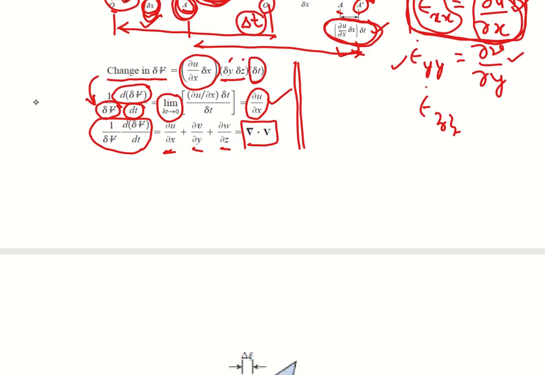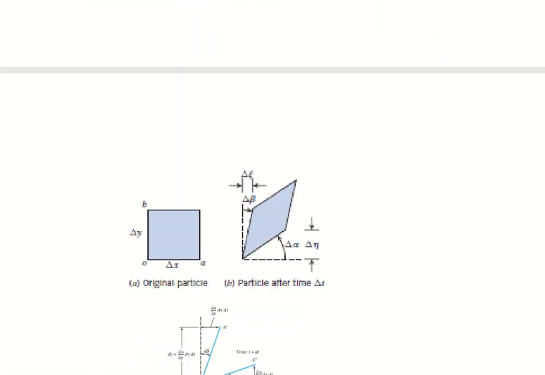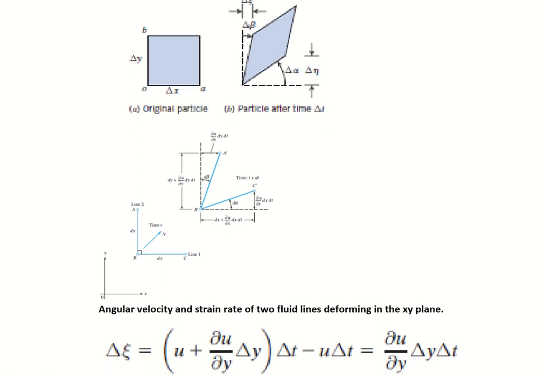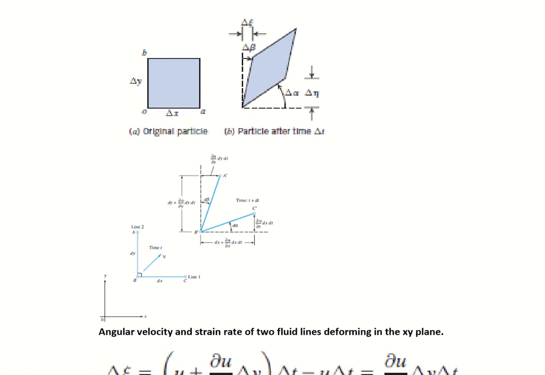Right. Now we shall discuss the next point, in which we have rotation. So here through this figure we can analyze it. So this is a particle O A C B having infinitely small size in x direction and y direction, as given here as delta x delta y.